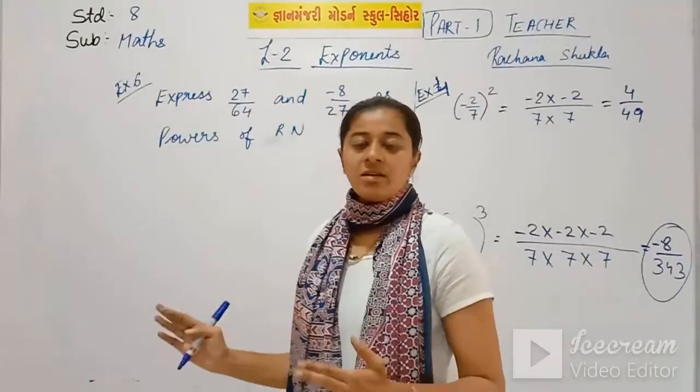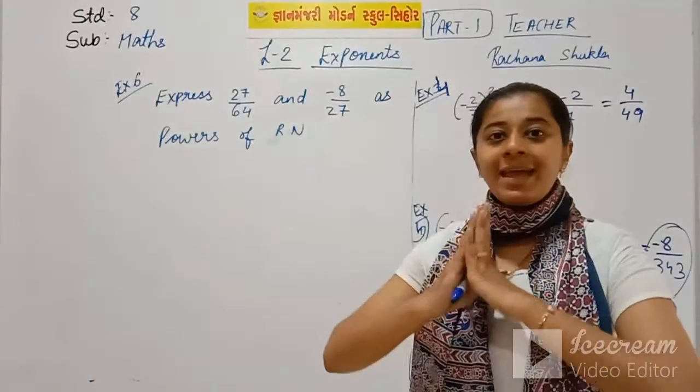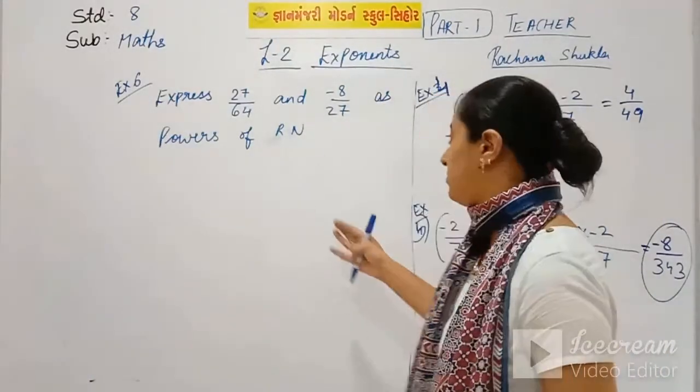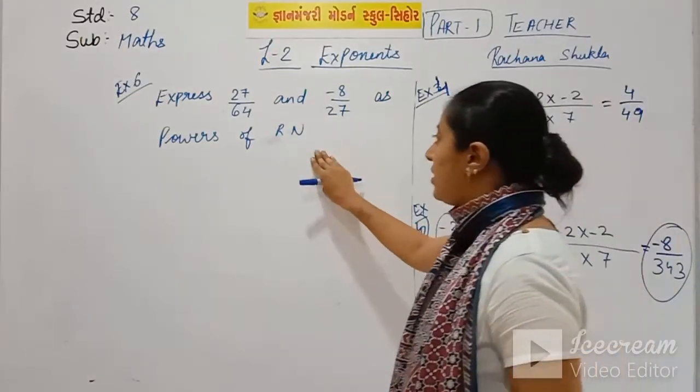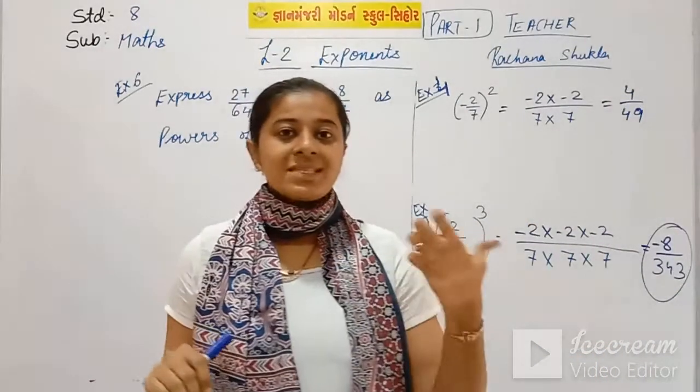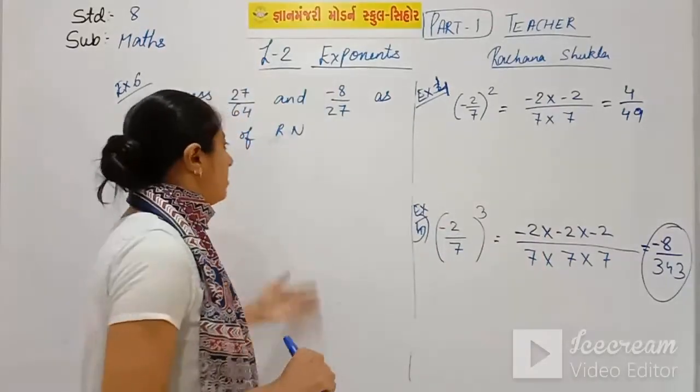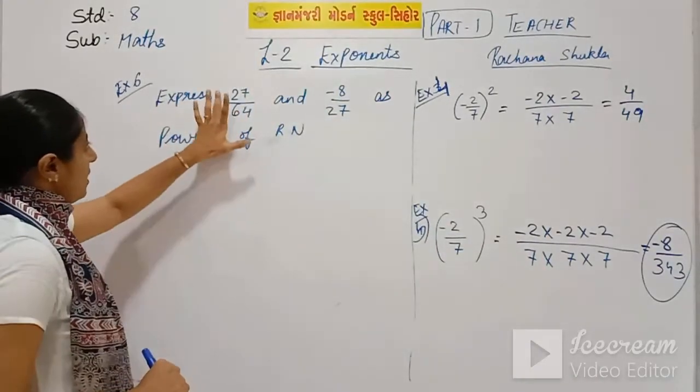Up till 5 sums, we saw that we were expanding the rational numbers. See, this is a rational number, we were expanding it. But here we have to express it as a power of a rational number. So what will we do?